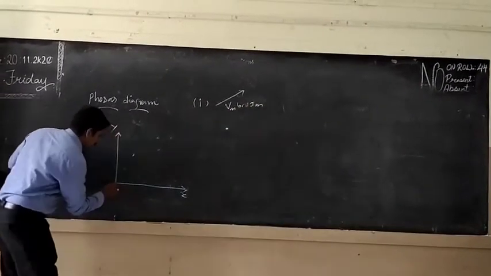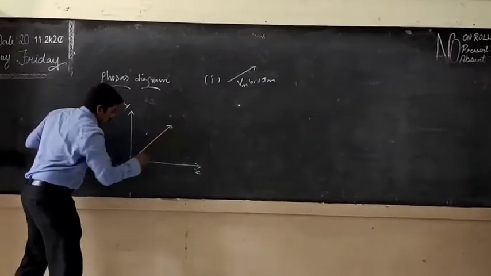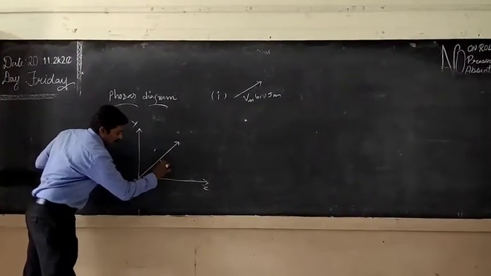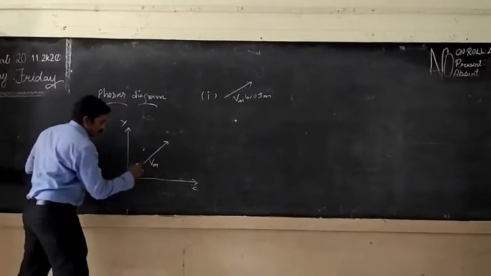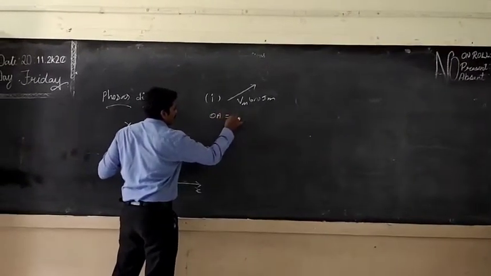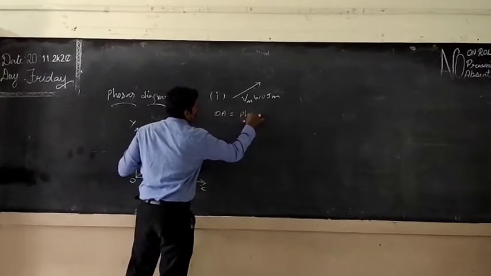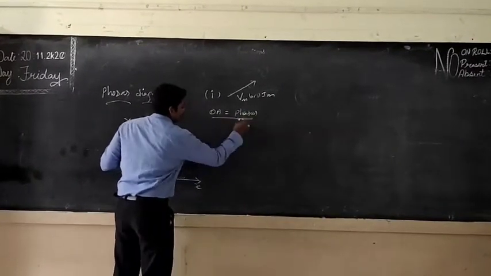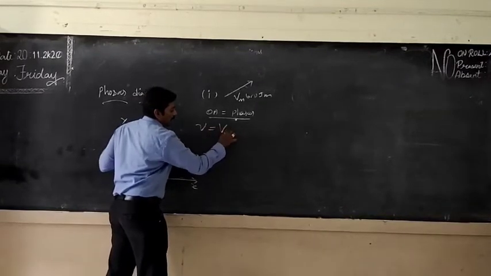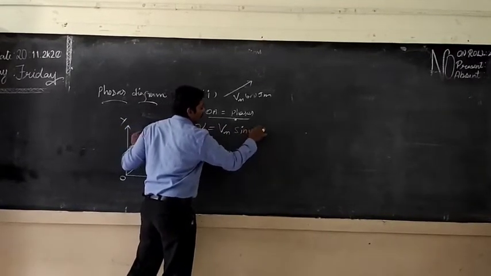O is the origin. This line segment may be Vm, and OA represents the phasor, that is, the instantaneous voltage V is equal to Vm sin omega t.